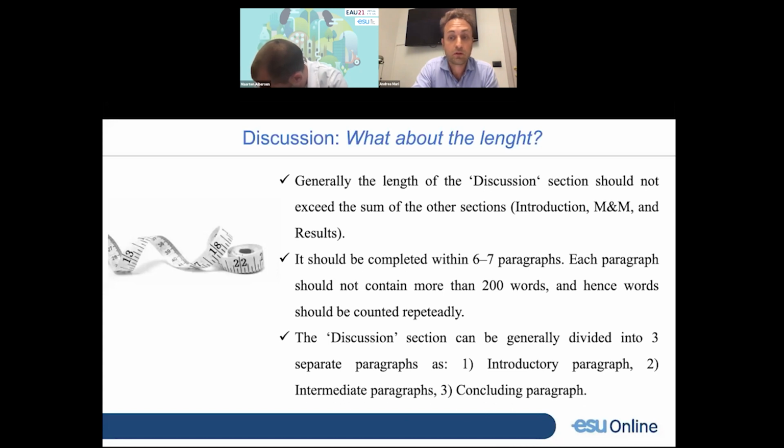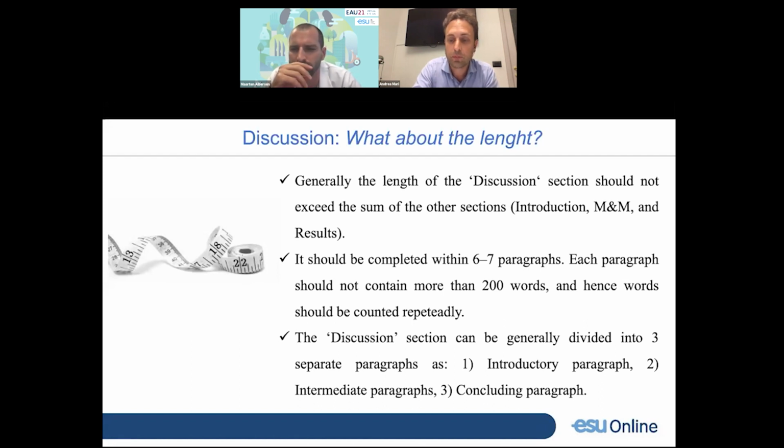And the discussion section is usually divided in three separate paragraphs. An introduction paragraph, as I told you before, about the rationale of the study and the topic introduced. An intermediate paragraph where the results are summarized, then are interpreted, and then are compared with the studies presented in literature.